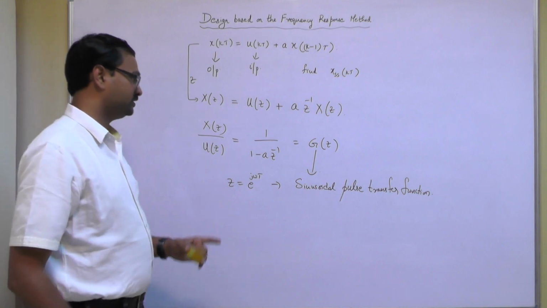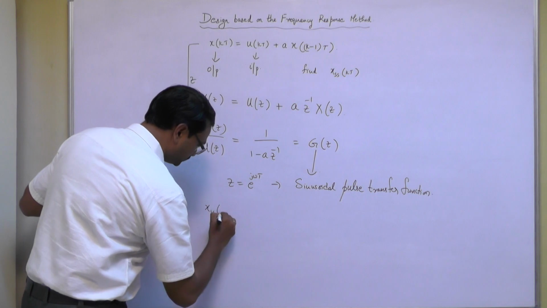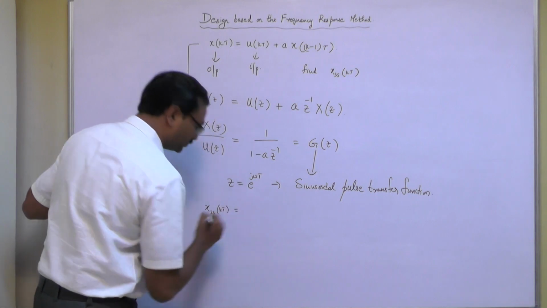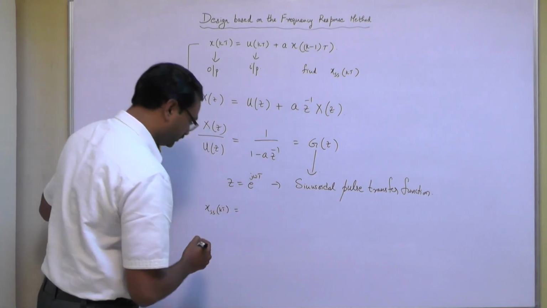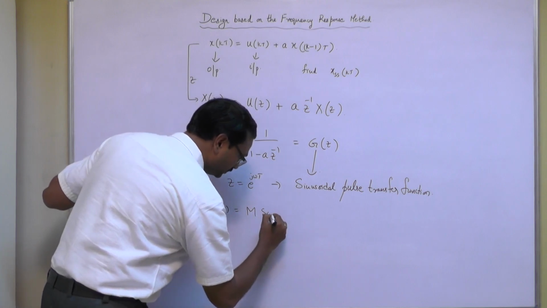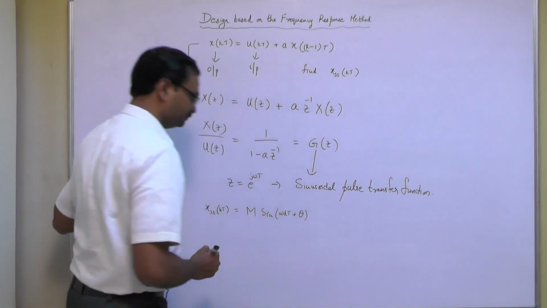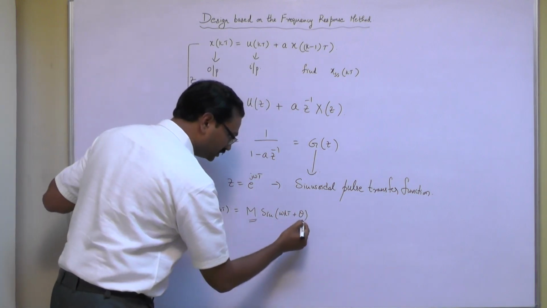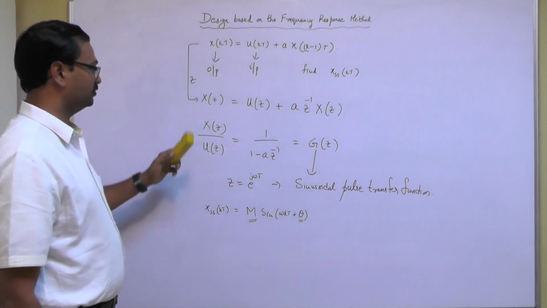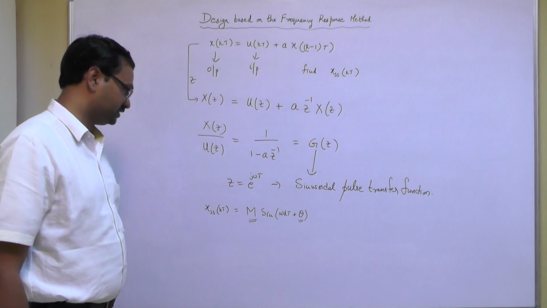Okay, so xss of kt is nothing but m sine omega kt plus theta. Now what m is and what theta is, we will have to find out from this pulse transfer function g of z.